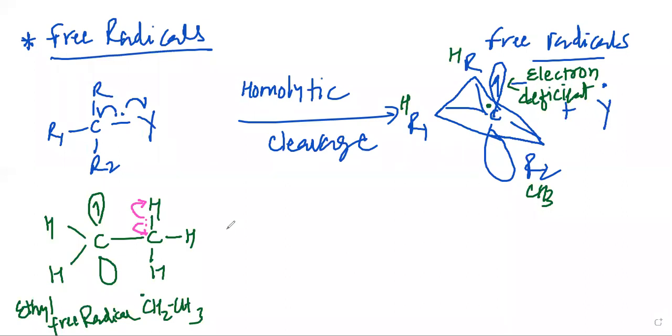So what happens here, my dear student, that this carbon and this hydrogen free radical, this is H, this is again H. This vacant orbital has got one electron, and one electron from this carbon. They make a pair and they make a double bond over here.